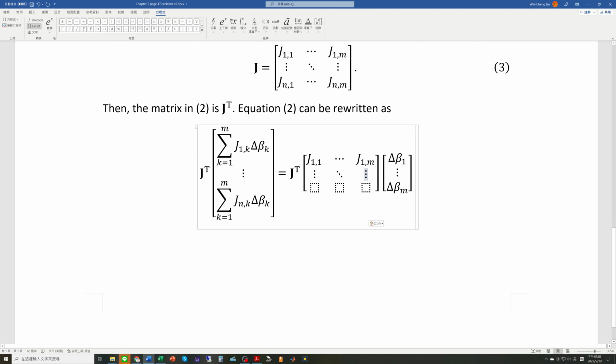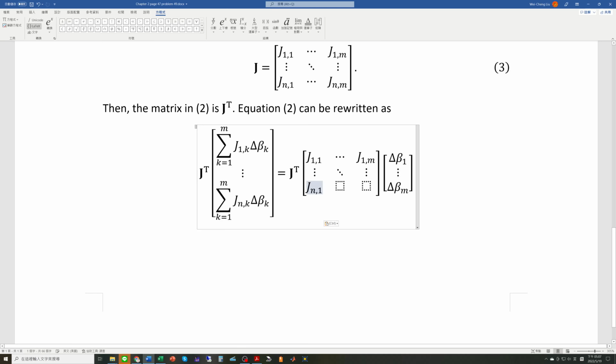And let us see the last row of this matrix should be JNK, where K is equal to 1 to M. So the first element should be JNK, where K is equal to 1. That is JN1.